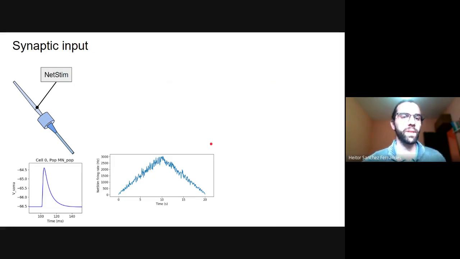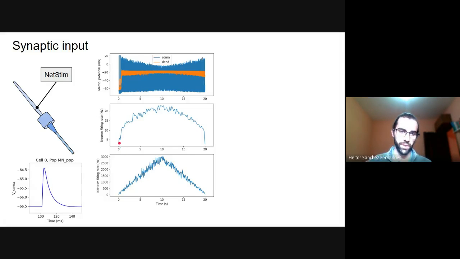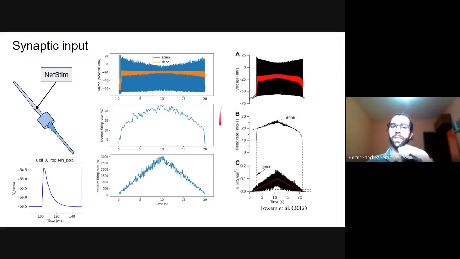Our next simulation was stimulating the neuron with a NetStim, with a synaptic mechanism, with a single NetStim firing rate increasing the rate and also the variability. I have here the firing rate of the neuron, and again the membrane potential in time from soma and dendrite, and here the results reported by the paper.